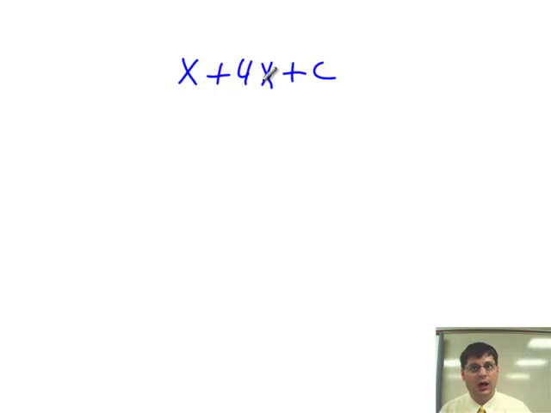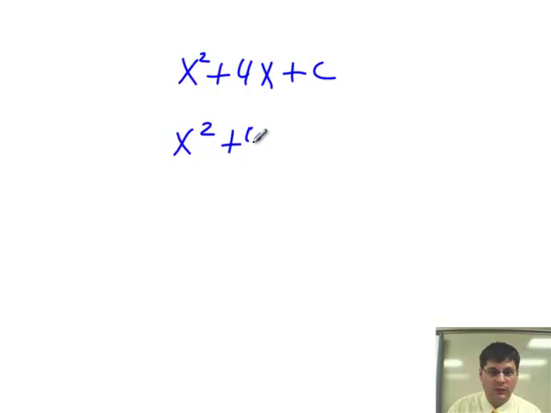And then I would actually square that. So this is going to be x squared plus 4x. So 4 divided by 2 squared is going to give me 4. Just like I would do here.